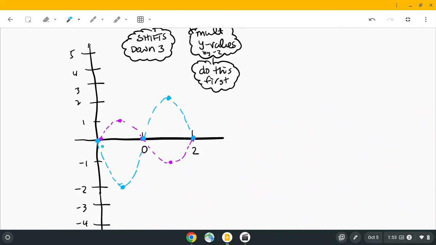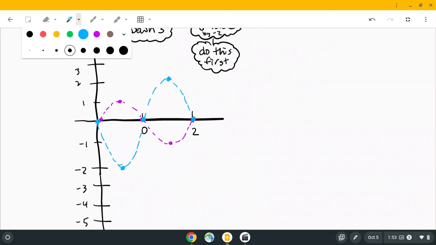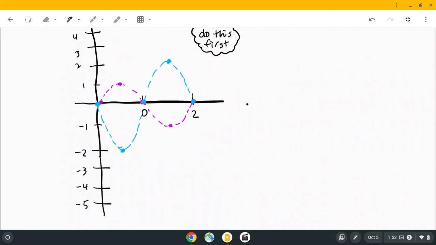Now I have to shift this blue wave down 3 units. And that's going to be my last move, so I'll do it in black. Down 3 units, so starting with this first blue point, down 3 units. 1, 2, 3. This next blue point, down 3 units. 1, 2, 3.